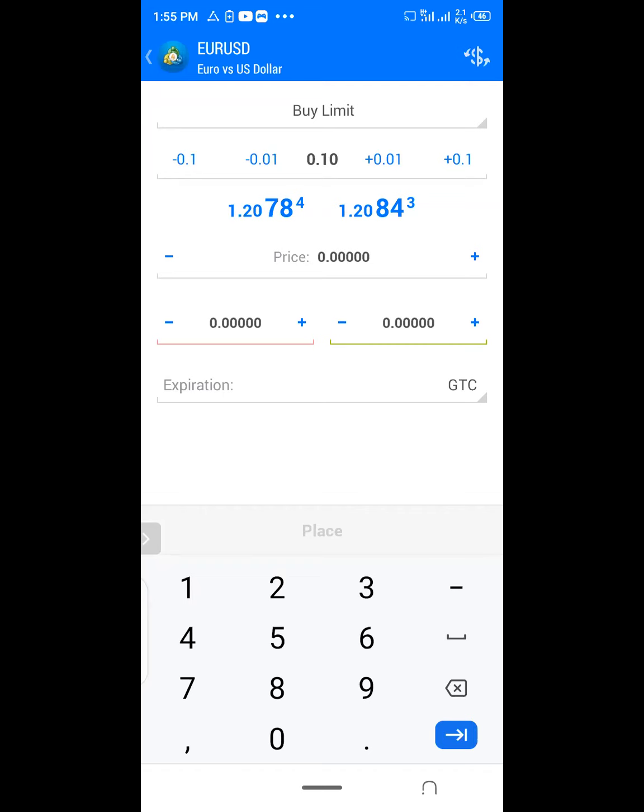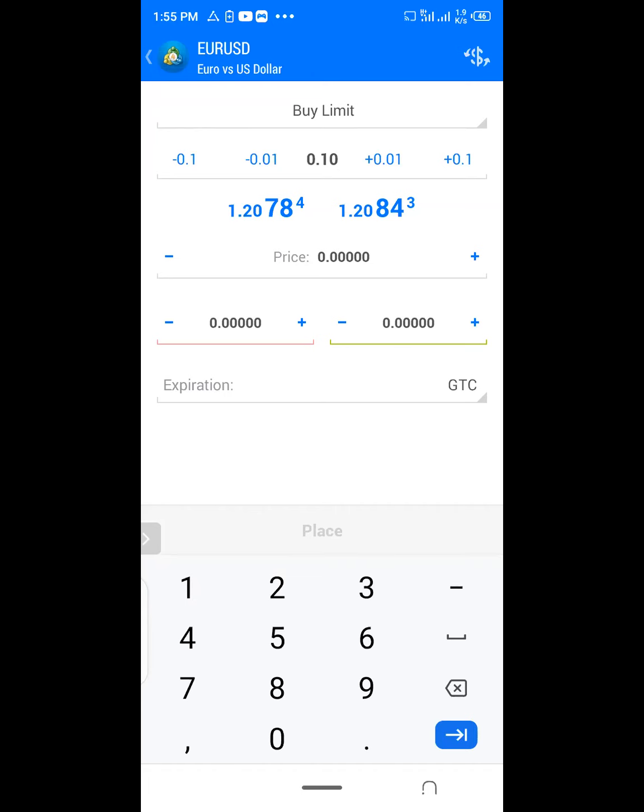Per pip of 0.10 is $1 per pip, so I would have made $10. Amazing people in the class. So if I use 0.20, per pip is $2. If I use 0.90, per pip is $9.